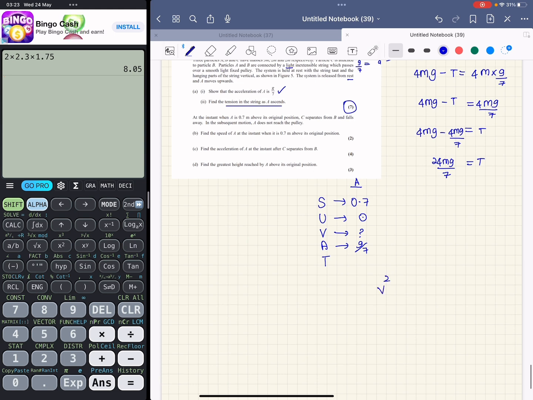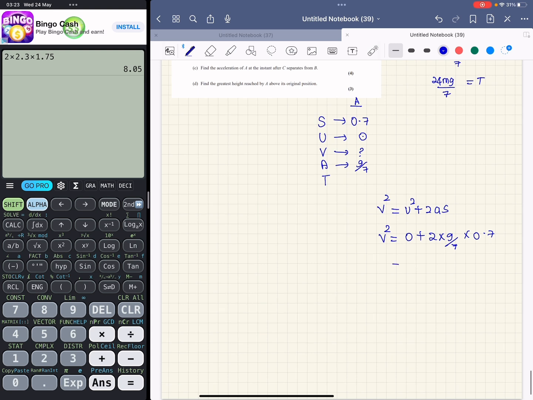So v squared is equal to u squared plus 2as. u squared is 0, 2 times a, which is g over 7, s is 0.7.